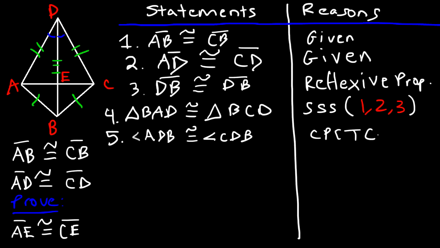Corresponding parts of congruent triangles are congruent. So now we have enough information to say that this triangle is equal to that one. But there's only one other thing we need to do. We need to say that AE is congruent to itself based on the reflexive property.